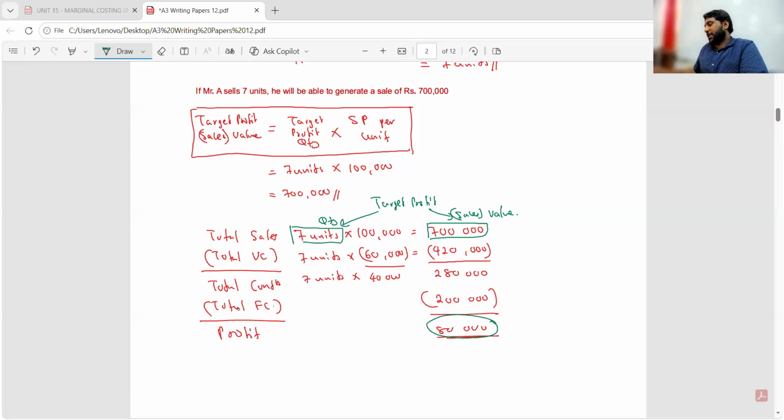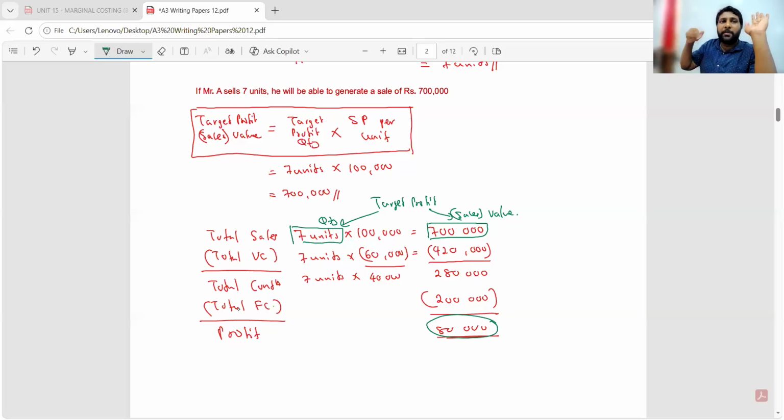Okay, so what are the learnings that we got, people? Again, let's come from the beginning. Tell me the contribution per unit: selling price per unit minus the variable cost per unit. Done. Break-even quantity: total fixed cost divided by the contribution per unit. If you multiply it by the selling price per unit, break-even value. Then marginal cost income statement: total sales minus total variable cost, total contribution minus the total fixed cost is profit.